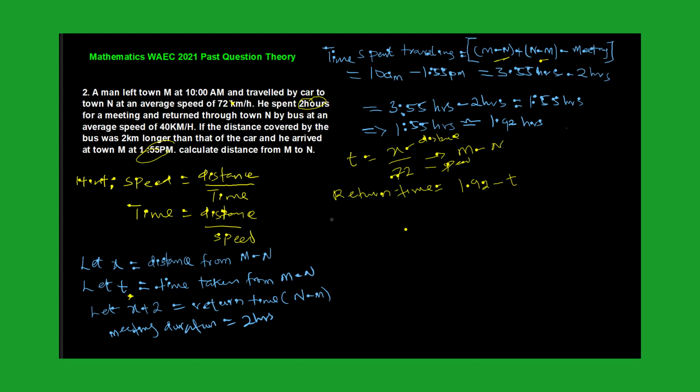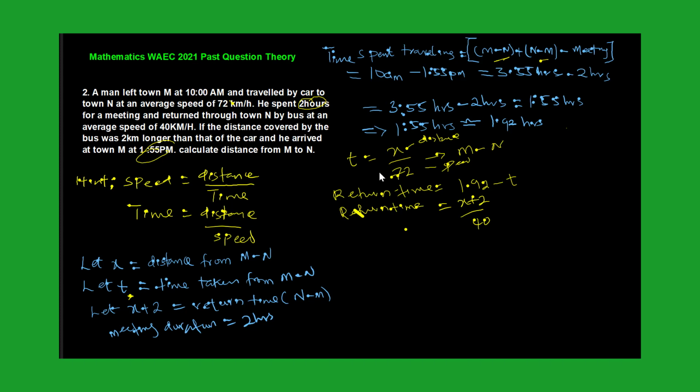Also, we are told that it took extra 2 kilometers to return with the bus. That is X plus 2 all over 40. This X plus 2 represents the distance, while 40 represents the speed from the question, 40 km per hour.